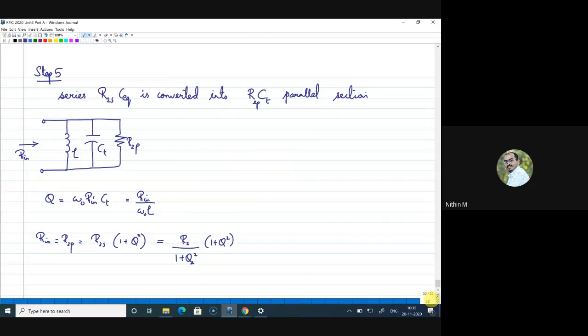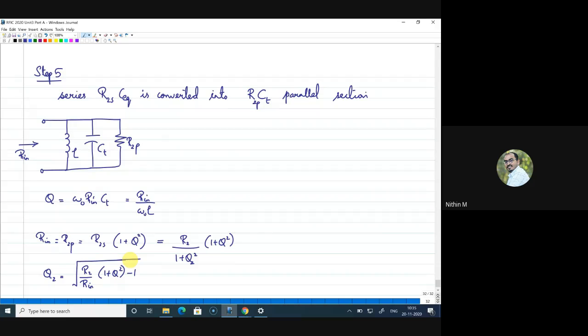Now, from the equation of Rin and this R2, I am writing an expression for Q2. So how can I write an expression for Q2? When I bring Q2 here, Q2 can be written as the square root of R2 divided by Rin into 1 plus Q square, minus 1, right?